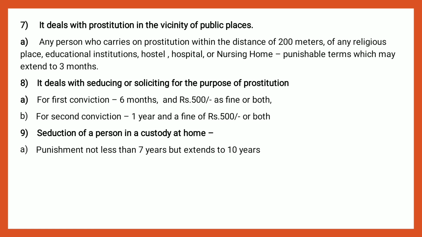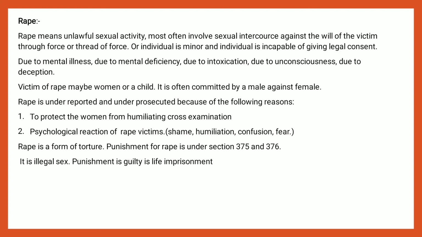A person seducing or soliciting a woman for the purpose of prostitution: first conviction, 6 months and fine 500; subsequent conviction, 1 year and fine 500. A person seducing a woman in custody or at home faces 7 to 10 years of imprisonment.